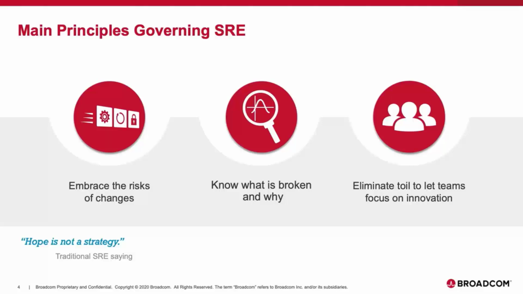The second principle is knowing what is broken and why. Globally, when you accept the potential of failure, you need to mitigate the risk. Then the monitoring, the problem identification, and the resolution are key to your SRE practices. The last principle is eliminating toil.